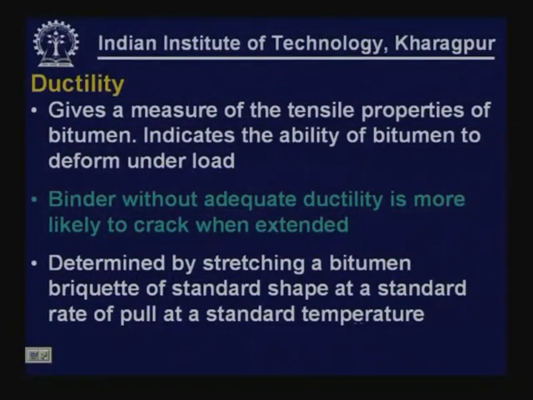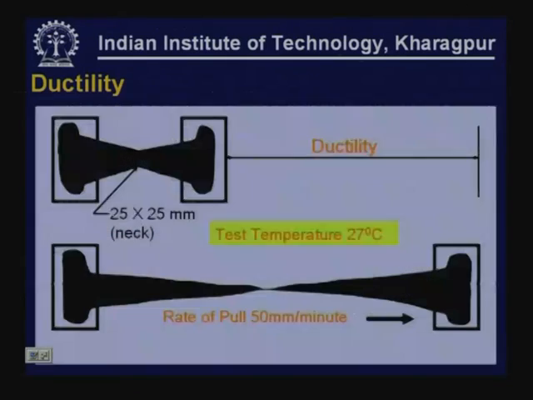This property is determined by stretching a bitumen briquette of standard shape at a standard rate of pull, and at a standard temperature. This is the standard briquette that we use, having a minimum size of 25 by 25 at its neck, and this is extended at a rate of 50 millimeters per minute.